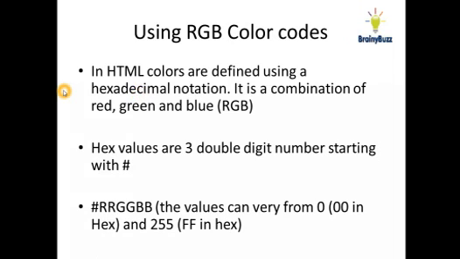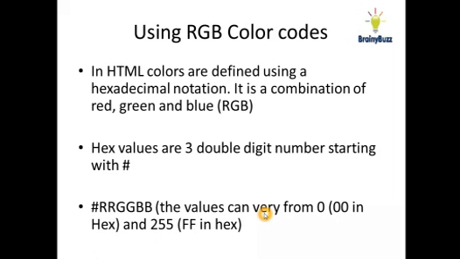Again, you use the RGB color codes, and also the hexadecimal notation. It will have three double-digit numbers, RR, GG and BB. RR is for red, GG for green, and BB for blue. You convert your 0 to hexadecimal, so 0 represents 00 and 255 represents FF.